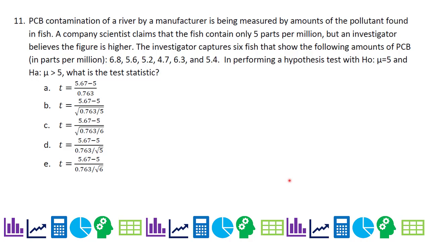In performing a hypothesis test where the null is the mean is 5 parts per million, and the alternate is the mean is greater than 5 parts per million, what is the test statistic? So we're going to need the mean and the standard deviation for this sample, so I will show you how to do that.